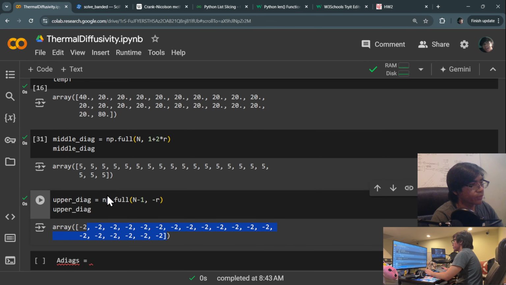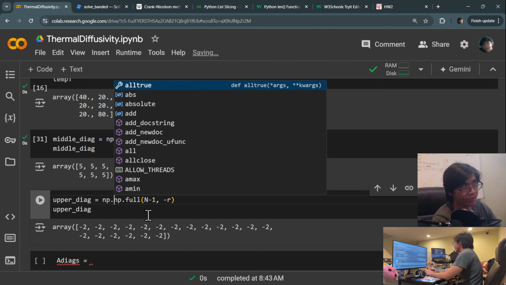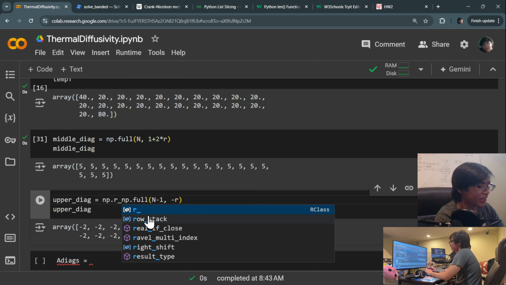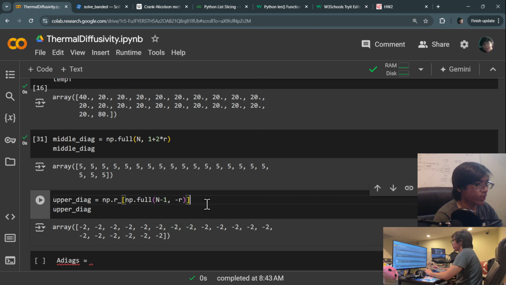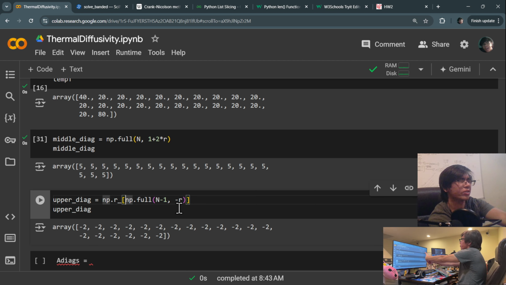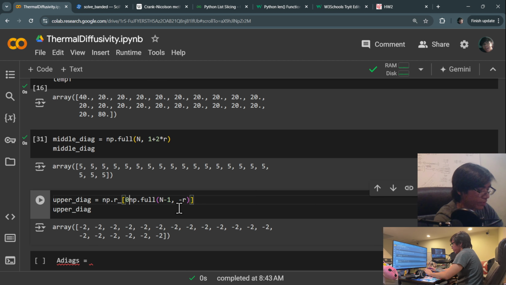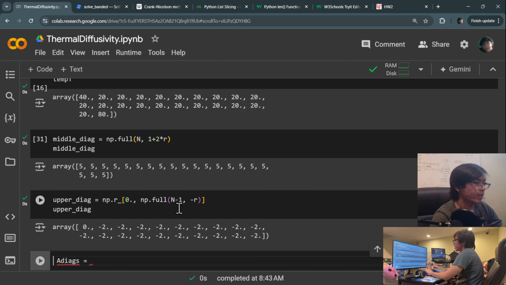Again, r is 2. So now I want to concatenate them along the row, I believe. The row, yeah. I always get them mixed up. So with the concatenation, use the list brackets, and for the upper diagonal, I said 0 on the left. I'll do just that, and it should add 0 there.